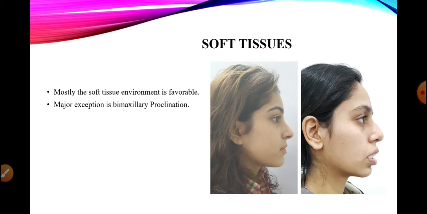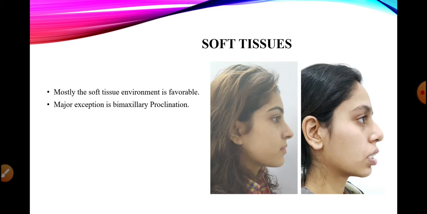Therefore, what happens in class 1 soft tissue etiology is a bimaxillary proclination, in which, under the influence of the tongue, the upper and the lower incisors move forward because of the lack of lip tonicity, and it leads to incompetent lips and convex facial profiles.